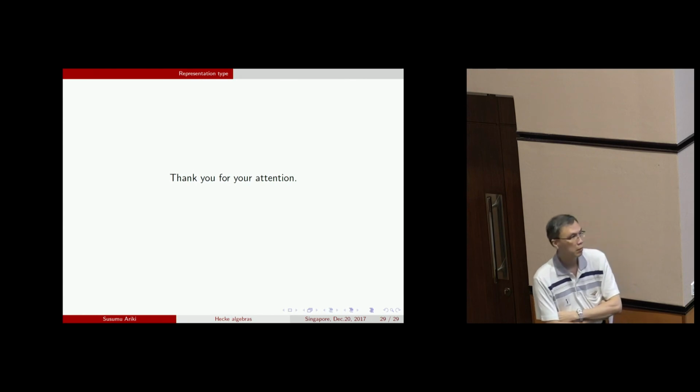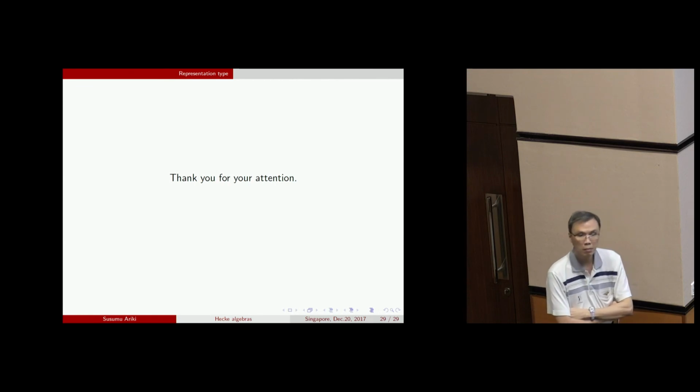But if the number is smaller than 5, there are other exceptions, and we have classified them in the paper.